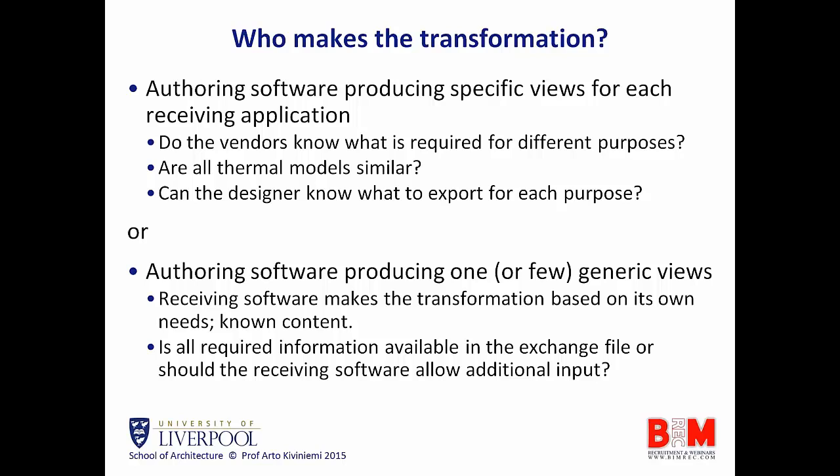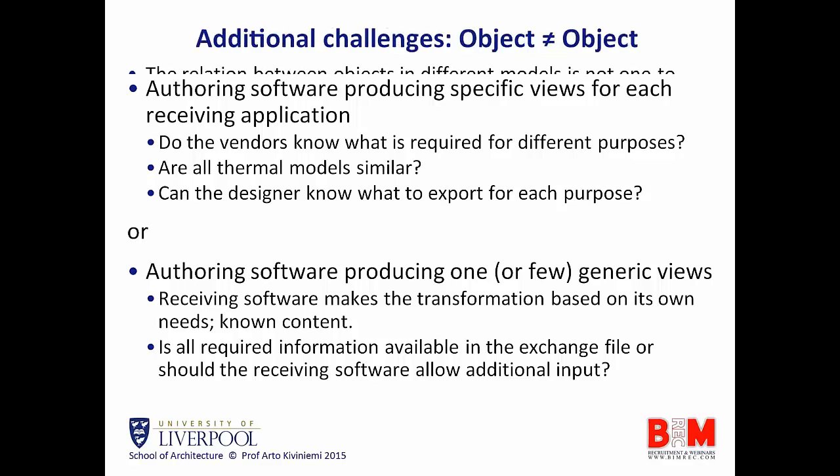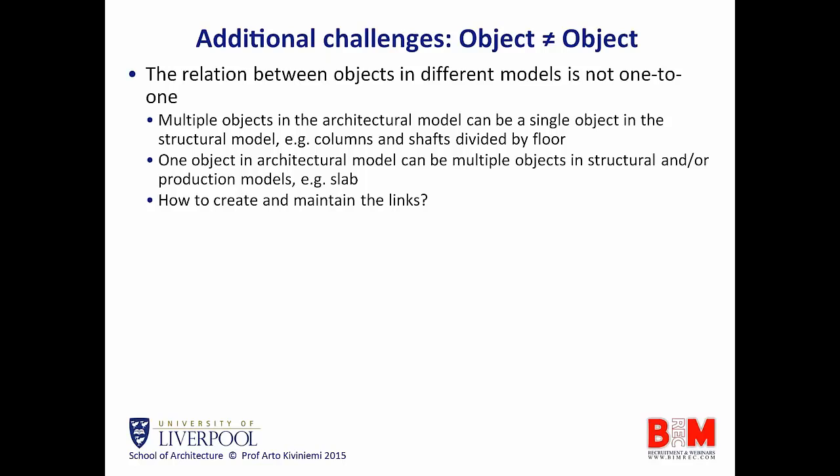Again, I want to remind that it doesn't mean that you couldn't use it. It's just that it requires quite a lot of programming to build the interfaces between the different software products. Also, one of the big challenges is that the objects are not necessarily the same in different models.